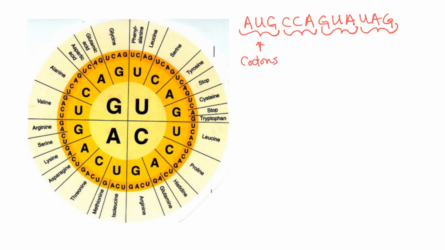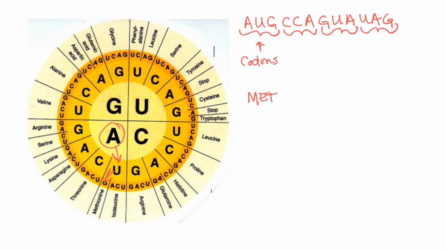The first one is usually going to be methionine. AUG always codes for methionine. We look on the chart: A, and then U, and then G. So our first amino acid is going to be MET, which stands for methionine.